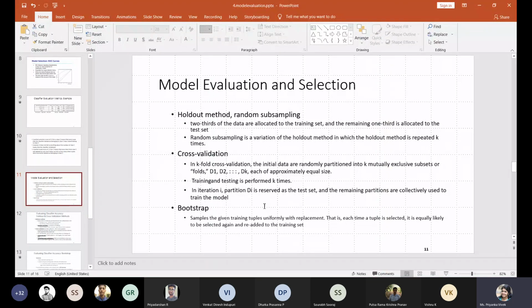You would have seen that we give 80% of the data for training, or 70% for training and the remaining 30% for testing, and that's how we evaluate the model. But always that is not the approach. We have other approaches like cross validation. We'll see that in the next class.